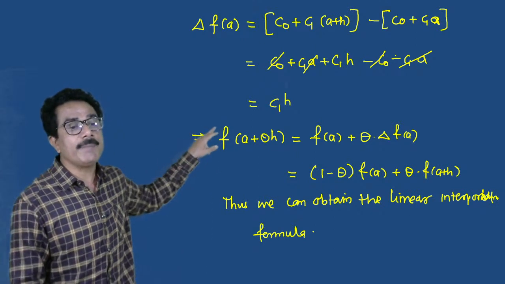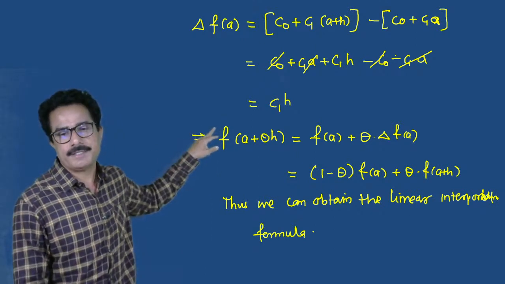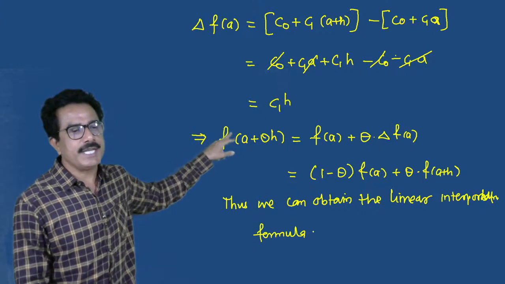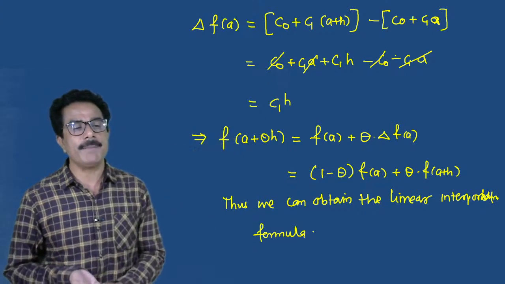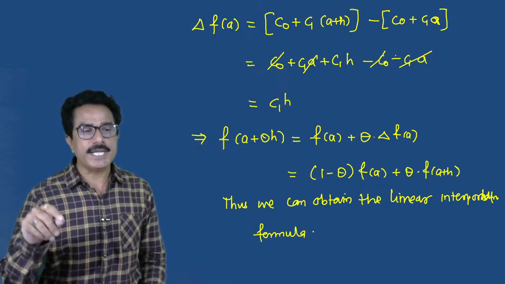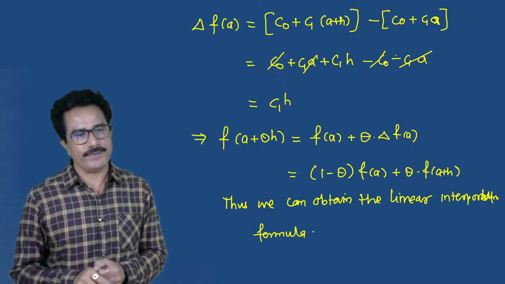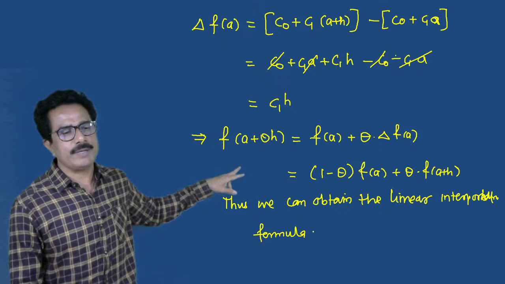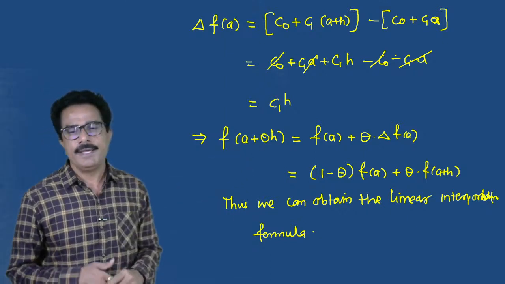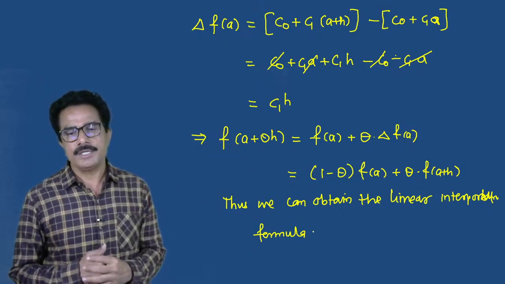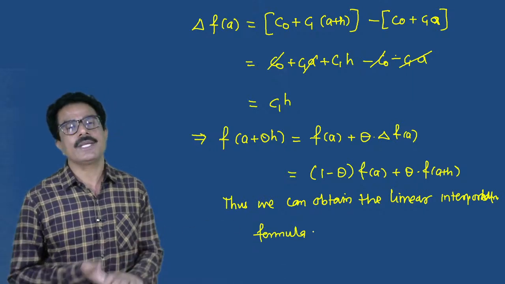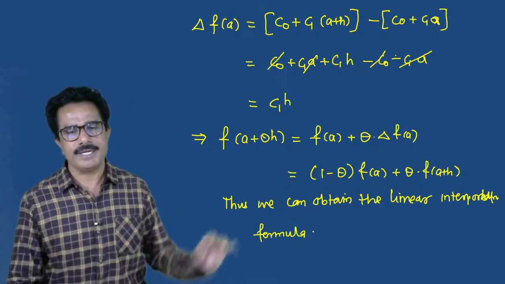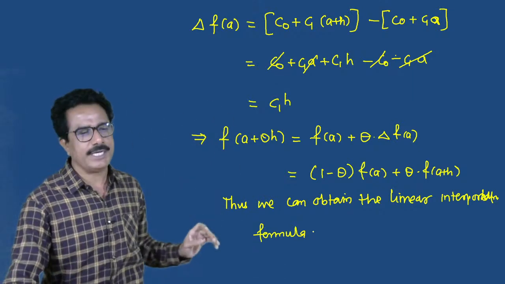That is, f of a plus theta h can be written as f of a plus theta into delta f of a, so 1 minus theta into f of a plus theta into f of a plus h, and thus we can obtain the intermediate formula. This is only theory, it is not required.